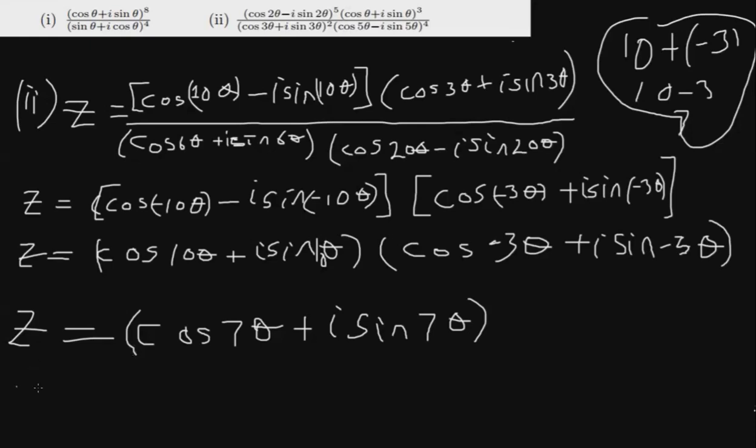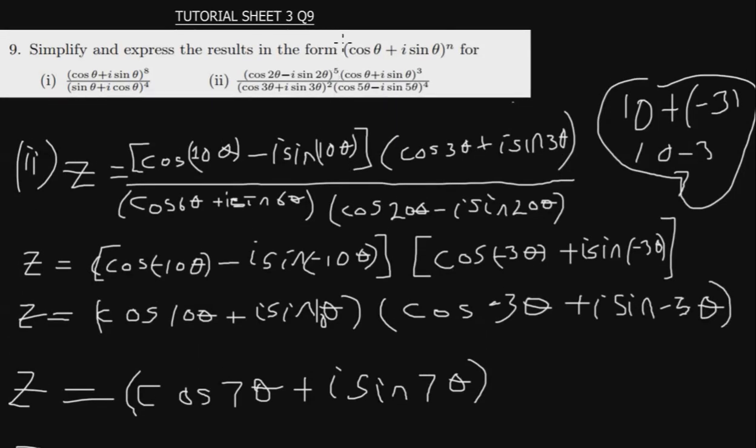So our complex number z will therefore be, since they want us to express it in this form, so the power is going to be 7 there.